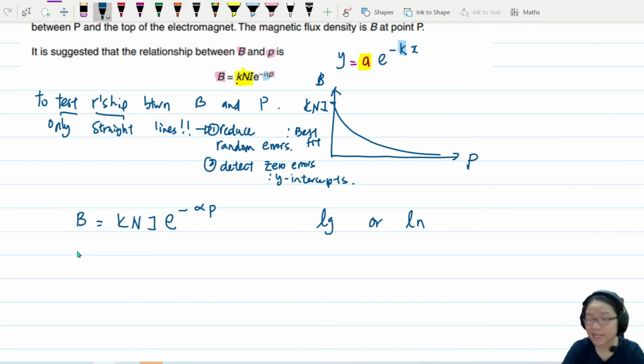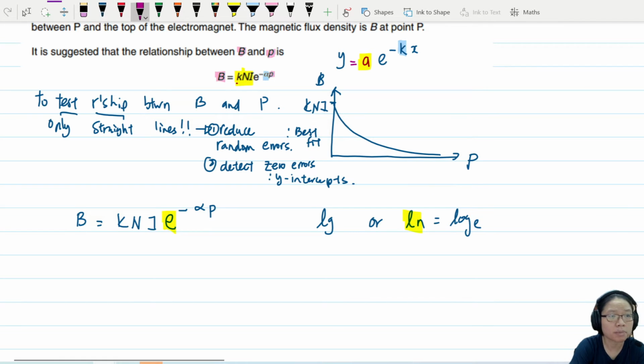Whether I take log or ln depends on the equation that I see. If I see an exponent here, like this e, I am surely going to take ln. Why? Remember in the beginning of the video I mentioned that ln is log base e. If it's the same base, I can eliminate. Let me show you. So let's say I ln both sides.